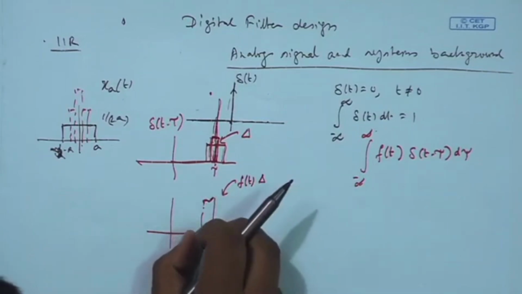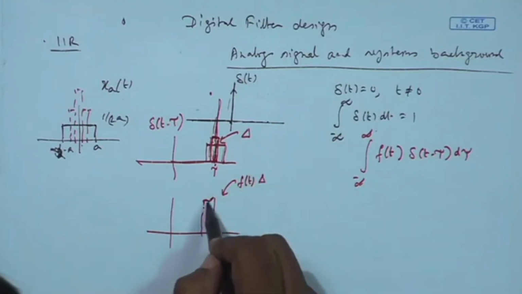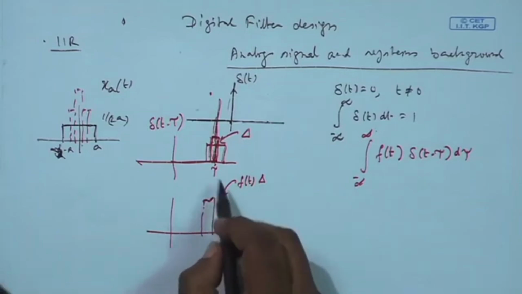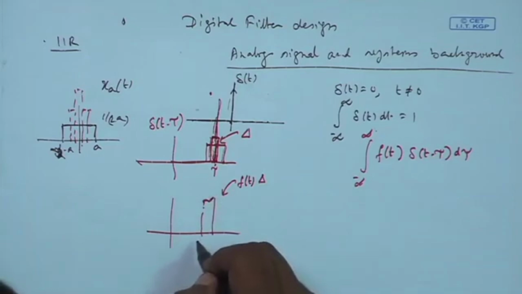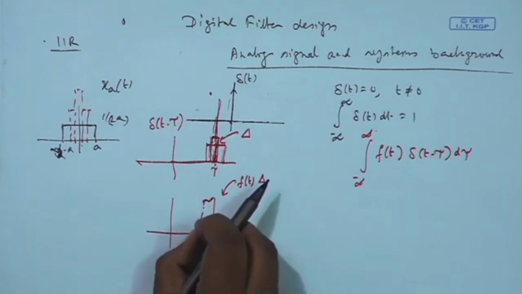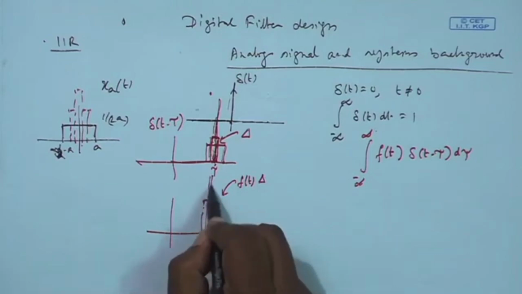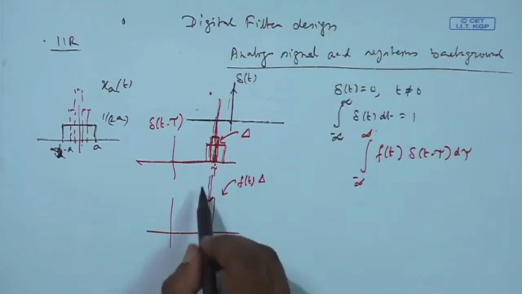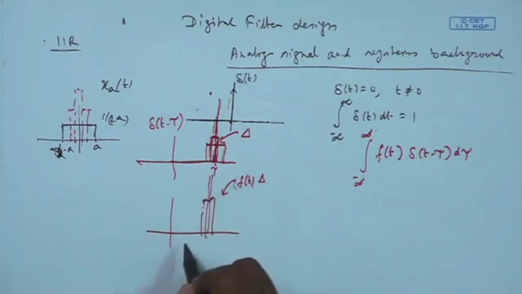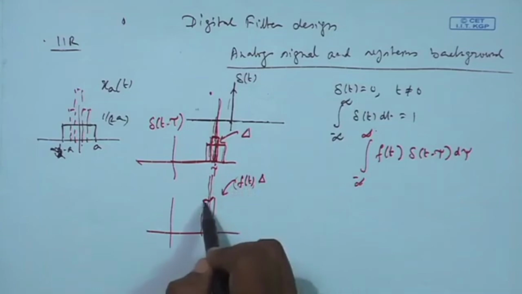And then as this capital delta becomes close to 0 and this shoots up, if you still consider the area under this, it will be very narrow. But if f t were not present, the area would remain 1. Because of f t, the area will be multiplied by the value of f t.